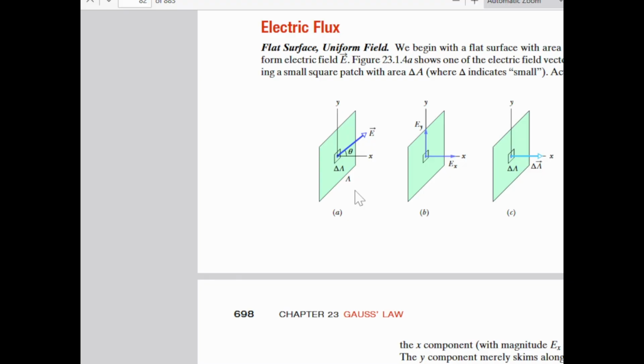Still looking at part A, we now have two vectors. The first vector is the electric field E. The second vector is delta A, and the electric flux is the dot product between these two vectors.